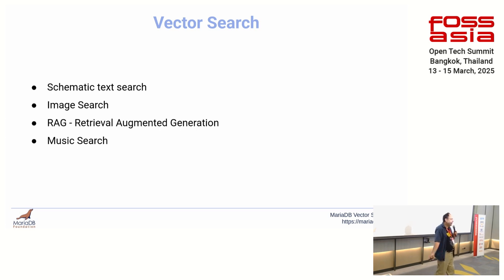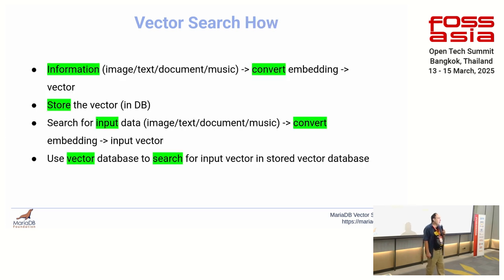Vector search, as is probably already covered, is the technology behind semantic search, image search, RAGs and music search. In a vector search database, information in the form of an image, a text, or a document is transformed using a content embedding into a vector.